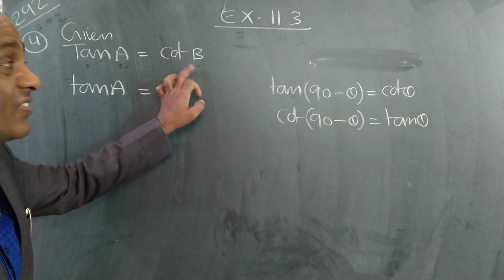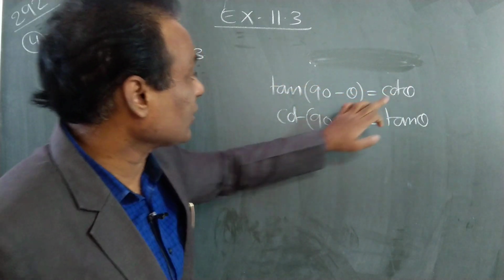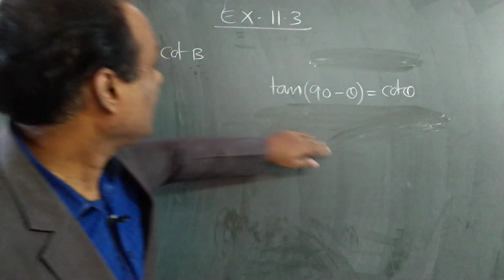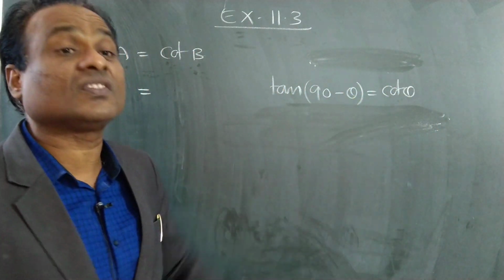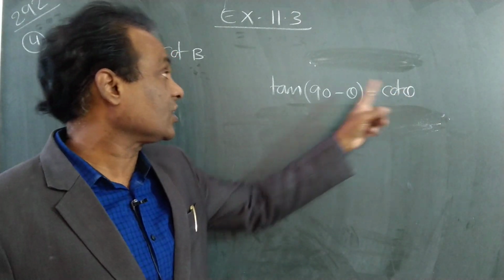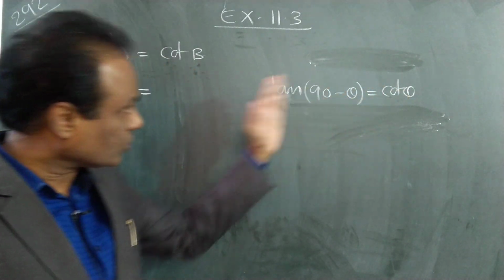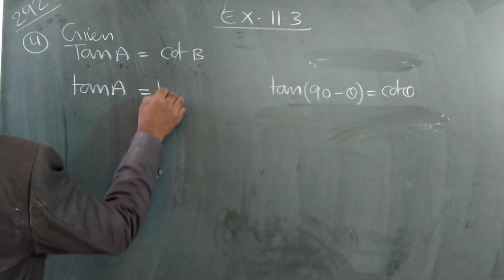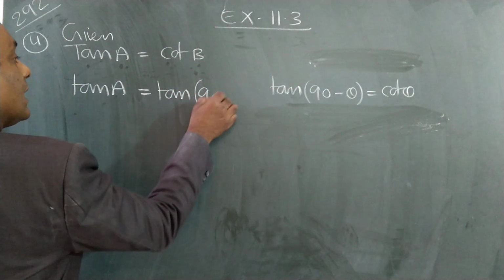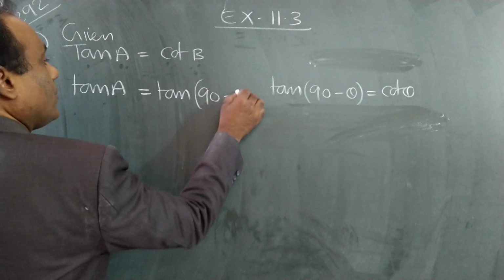I am changing the second one using this first formula. See here, cot theta is equal to what? Tan 90 minus theta. Cot theta is equal to tan 90 minus theta, where 90 minus theta is B here.